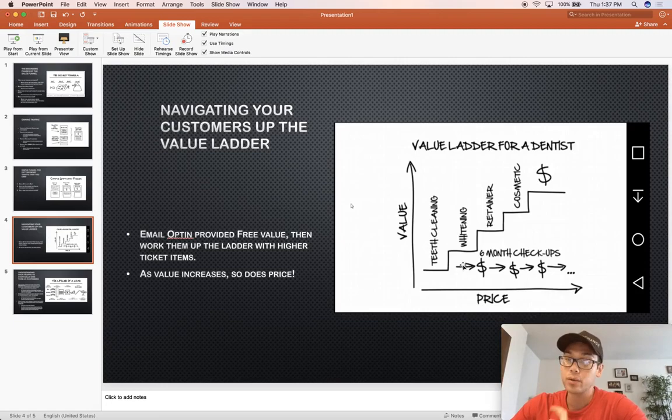And how do we do that? We have low ticket items, affiliate offers such as books that are anywhere from $2 to $10 on Amazon, a very low ticket item. We get them in there, and then we could walk them up the value ladder or up different affiliate offers. So higher ticket items for our affiliate offers within the niche that we're affiliate marketing.